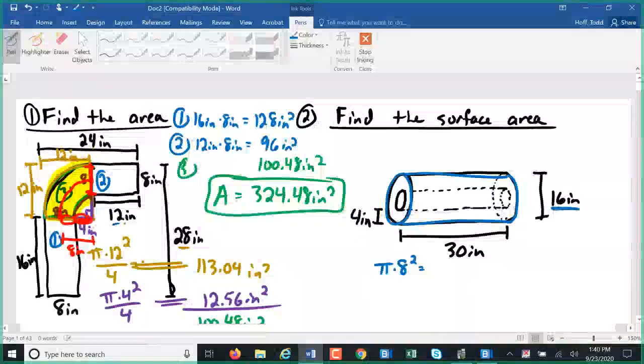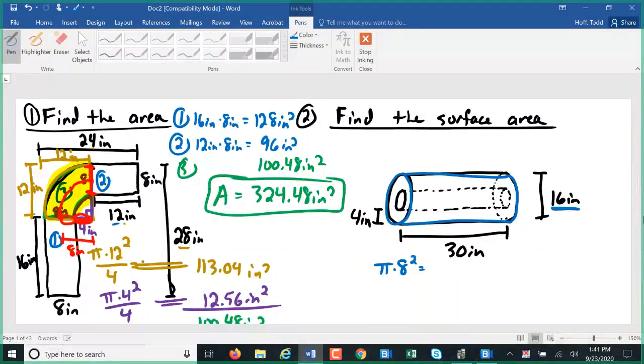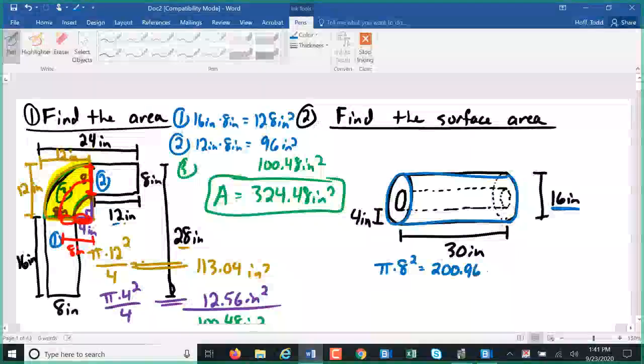The diameter is 16. The radius is 8. Pi times radius squared. So pi times 8 squared is 200.96, I believe, square inches. And there's 2 of them. There's one on the other end as well.